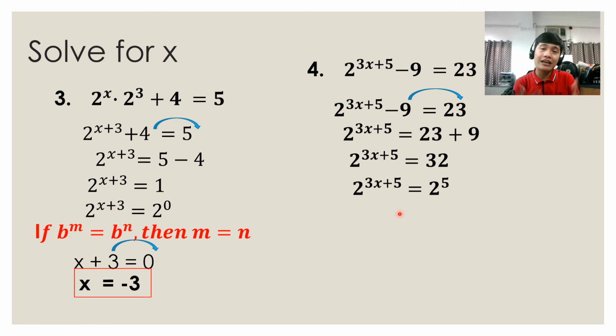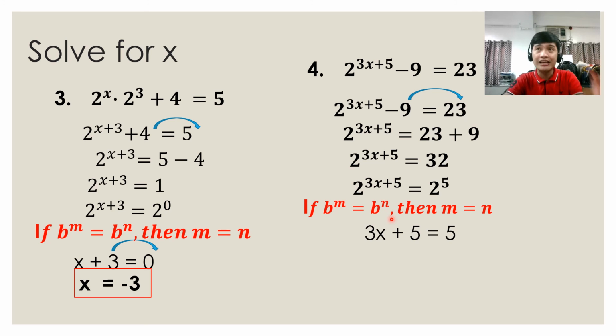Now, applying our property of equivalent exponents, where it states there that if b raised to m is equal to b raised to n, then m is equal to n. Since they already have the same base, we can now bring down their exponents. So we have now 3x plus 5 equals 5.